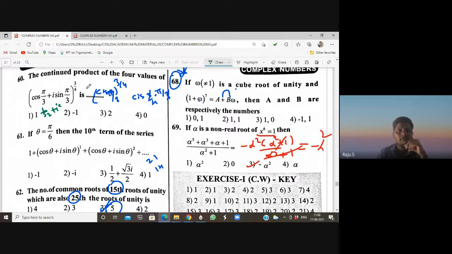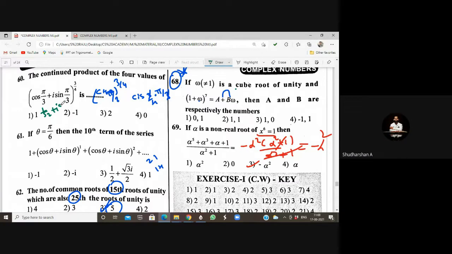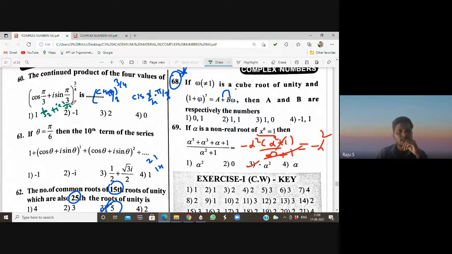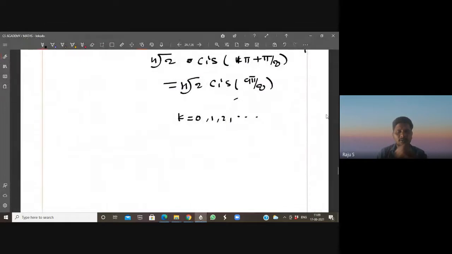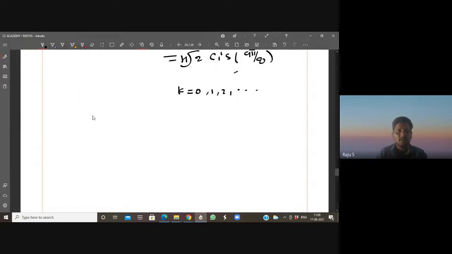Continued product of 4 values they ask. Okay, 1 by root 2 plus i times 1 by root 2. Continued product of 4 values means the next one may be minus, the next one may be plus. So (a plus b) into (a minus b): 1 by root 2 the whole square. i square is -1, so that is plus 1 by 2 into 1 by 2. So the continued product is plus or minus continuously.